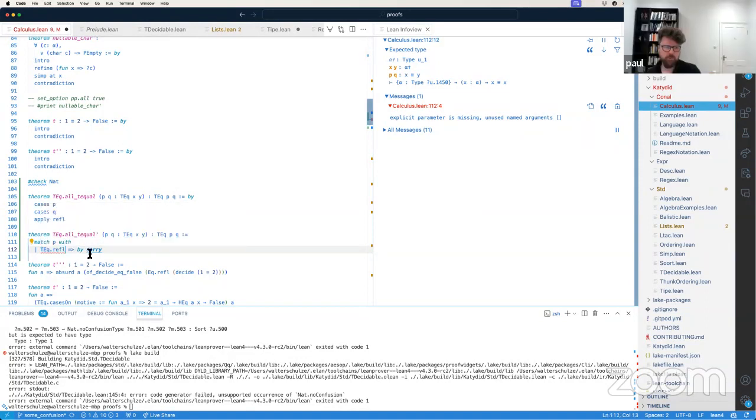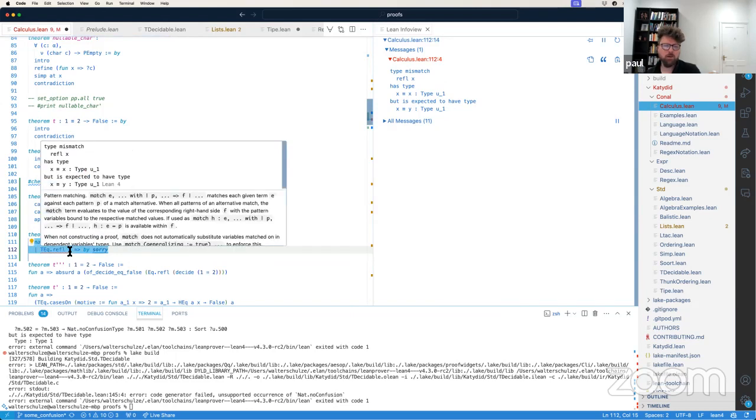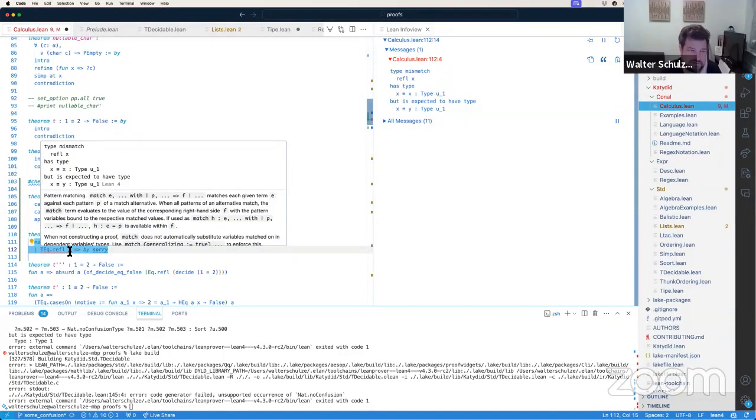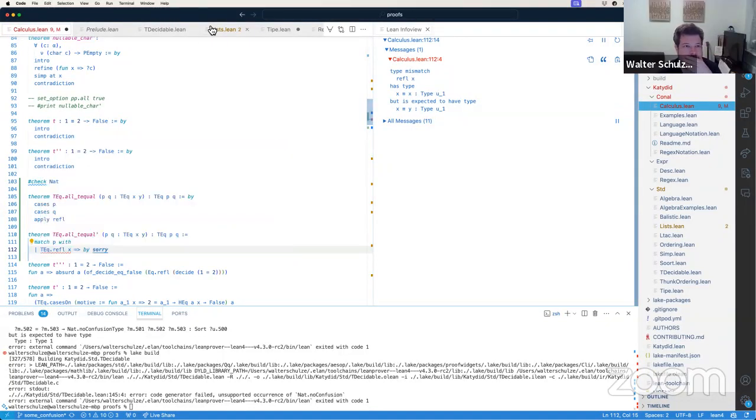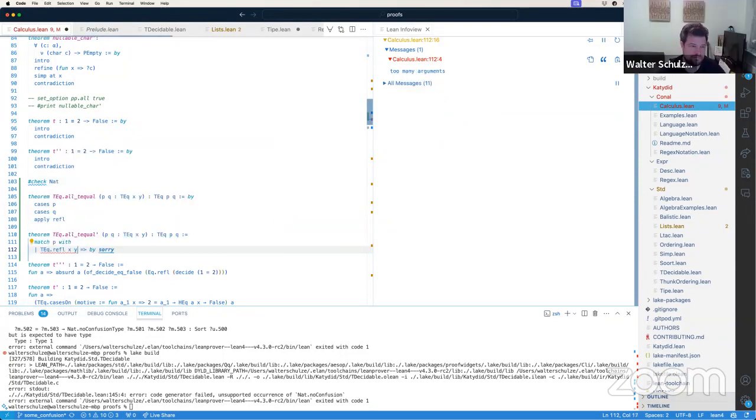Now you have to put the parameter. Refl doesn't take parameters, right? It does, doesn't it? Oh, okay, it takes one. Too many arguments.